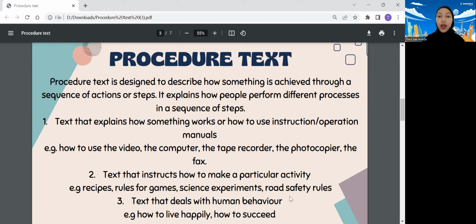Also, when there are instructions on how to make a particular activity like recipes, rules for games, and science experiments, we are also following a procedure text.